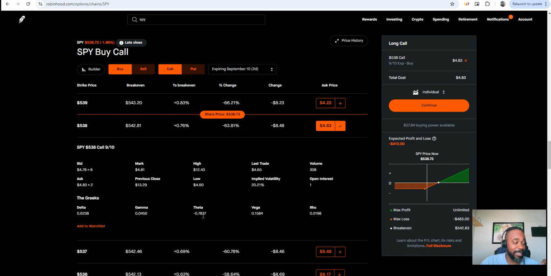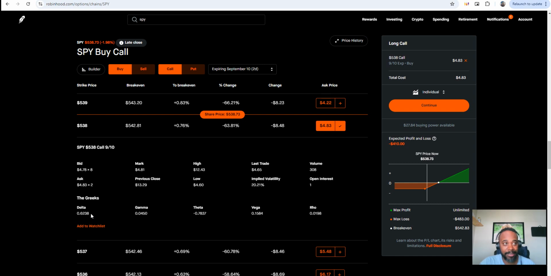Now notice it's stated here, for every day that you hold this contract, you're going to lose $78 in value by default. Okay, so theta is essentially time decay. Delta is simply telling you what happens if the particular stock or ETF would have moved to the upside. If it would have moved to the upside, you're going to make $62. If it goes down, you're going to lose $62.